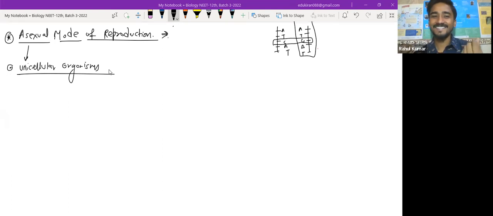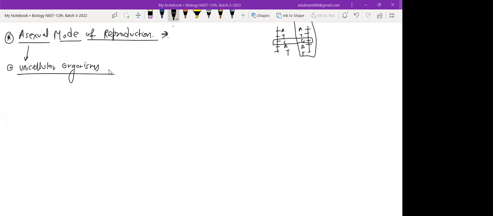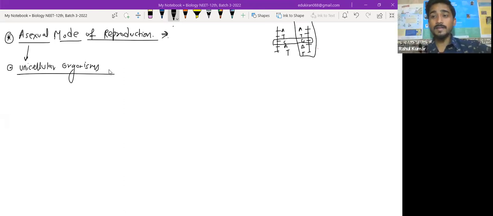If one bacteria divides and becomes two bacteria, that itself is a mode of reproduction. No need to worry about making gametes, fusing them, and doing all these complex things, correct? Yes, sir. So there is no concept of sexual reproduction in unicellular organisms. Is it clear to all of you?